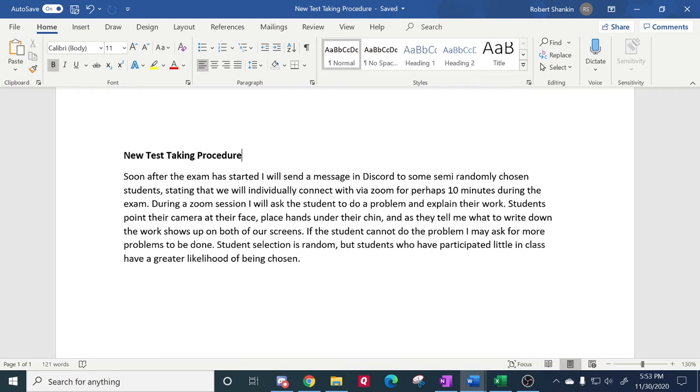During a Zoom session, I will ask the student to do a problem and explain their work. Students point their cameras at their face, place hands on their chin, and they tell me what to write. As they tell me what to write down, I write it down and the work shows up on both of our screens. If the student cannot do the problem, I may ask for more problems to be done. Student selection is random, but students who have participated little in class have a greater likelihood of being chosen.